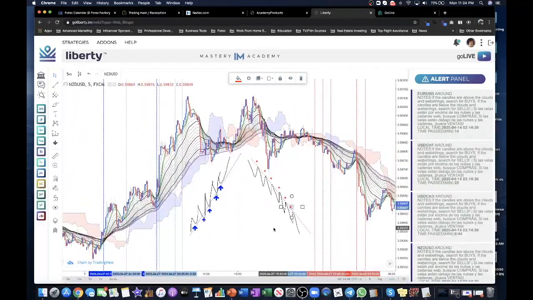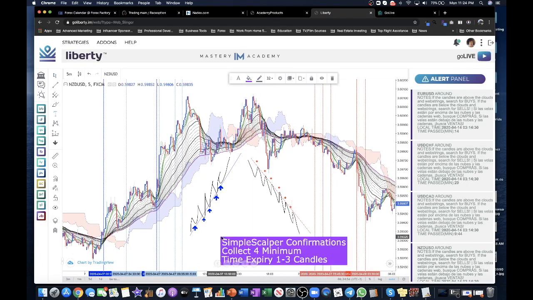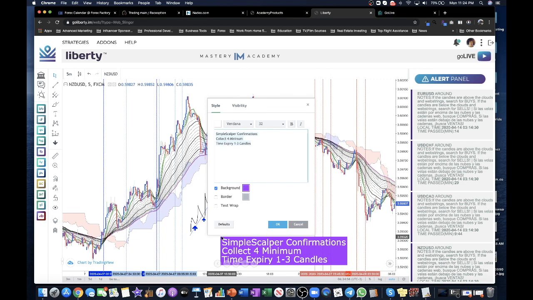Right? So you want to use the web slinger when the market conditions are trending. So let's write in our notes over here.